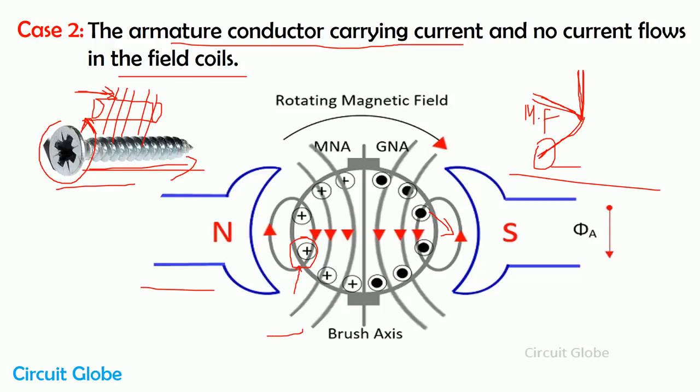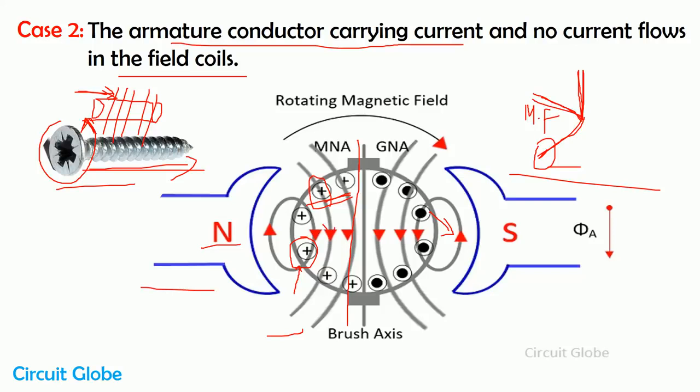Fleming right hand rule is used for knowing the direction of current. Now we are finding the direction of current and the direction of flux. Suppose under the north pole, these are the conductors. These conductors combine their magnetic motive force and try to produce flux in the downward direction.